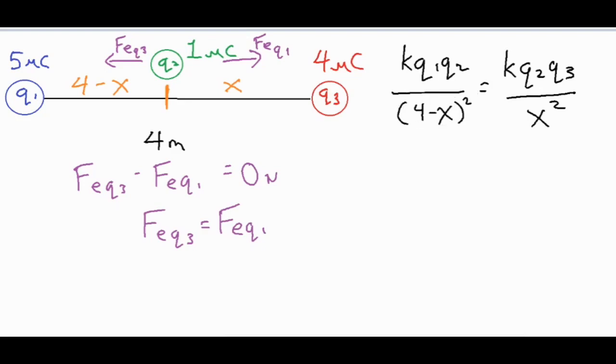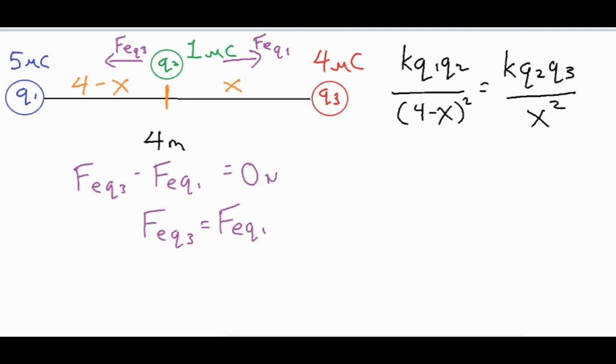And we do the same thing with Q2 and Q3. We call that separation distance x squared. So our goal is to find that x value, and if we can find that x value, then we have our solution. This shouldn't be too difficult because we do actually know Q1, Q2, and Q3. And then k is the constant 9 times 10 to the 9.